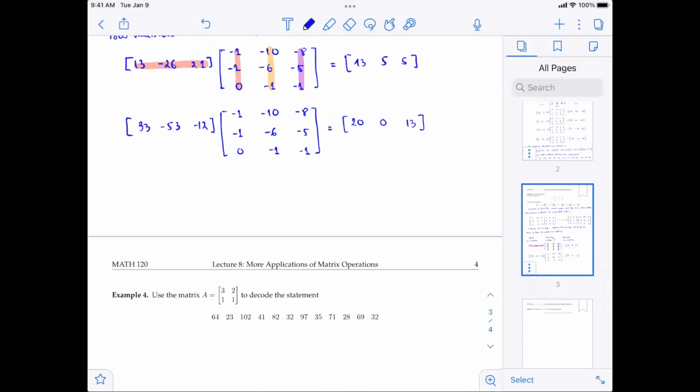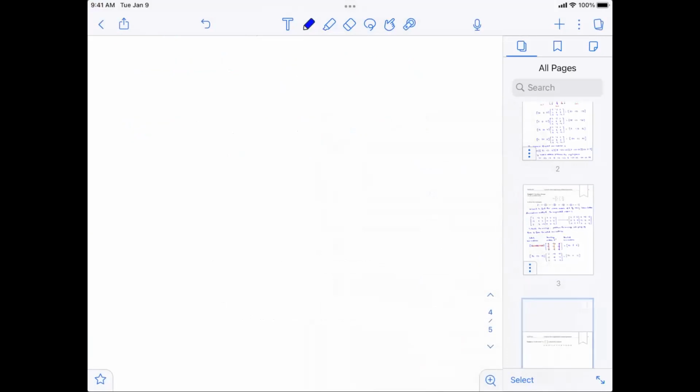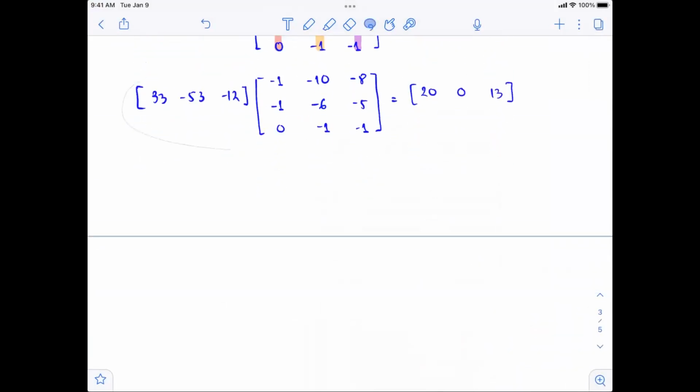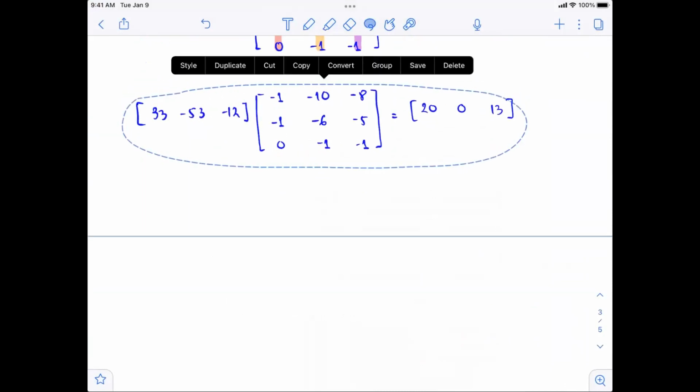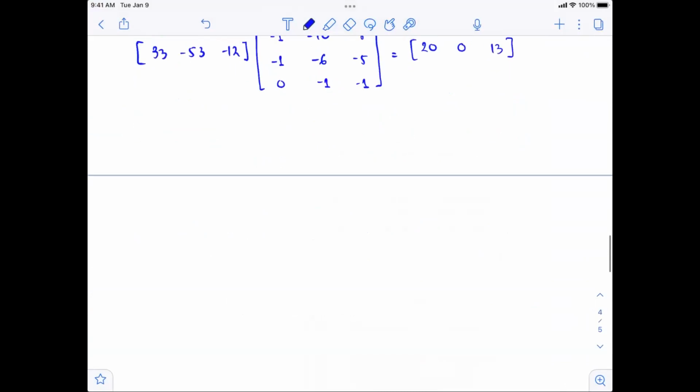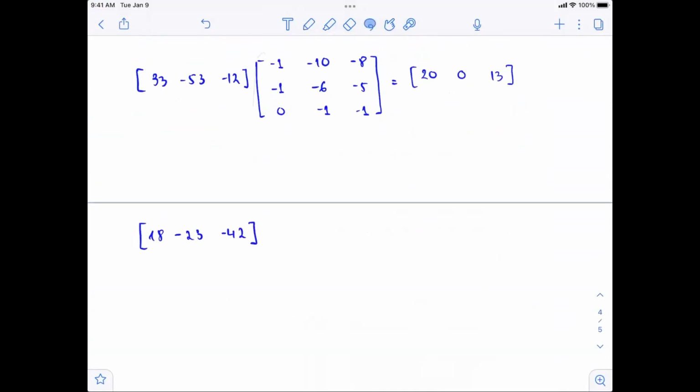Let me add one more page here. Right. And the next coded row matrix in the list is 18, negative 23, negative 42. You multiply with A inverse.